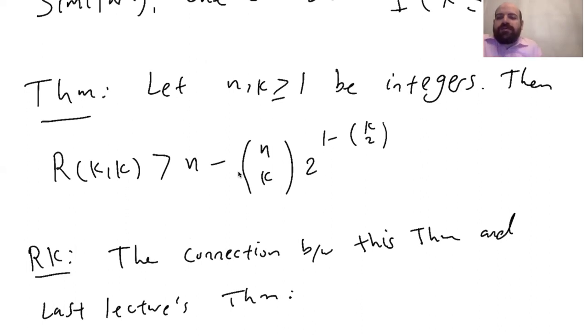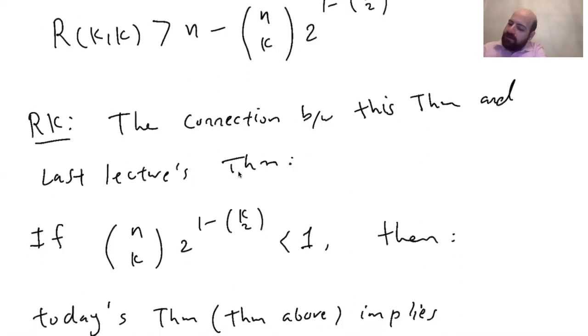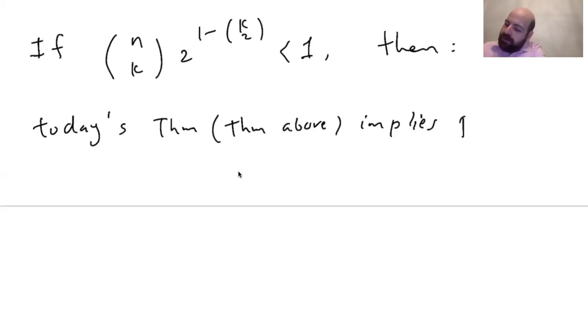Capital R of k and k is an integer, n is also an integer. Now if an integer is bigger than n minus something less than 1, that integer has to be bigger than or equal to n itself, right? So it implies capital R of k and k bigger than or equal to n.